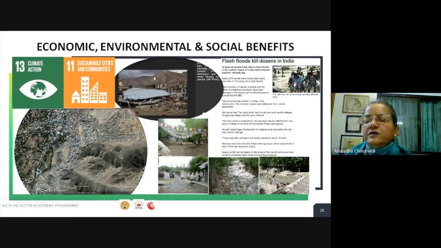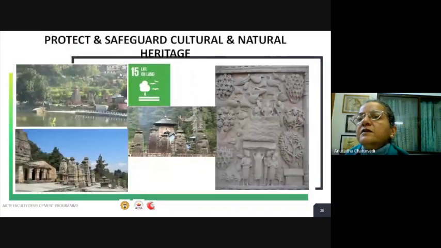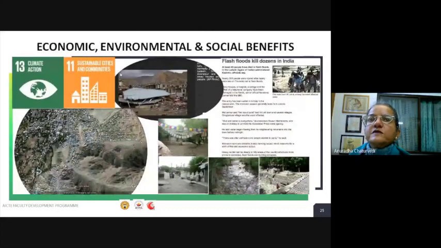So the areas in certain biogeographical zones have evolved over a period of time in a very sustainable way. And there are lessons of sustainability, lessons related to resilient building practices, which can be integrated into current day planning proposals.